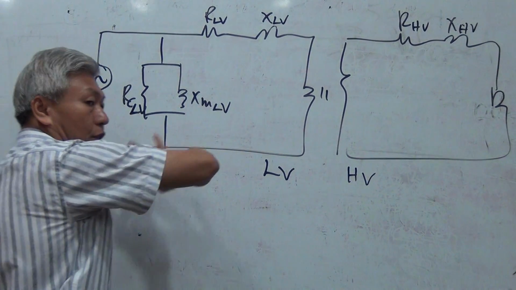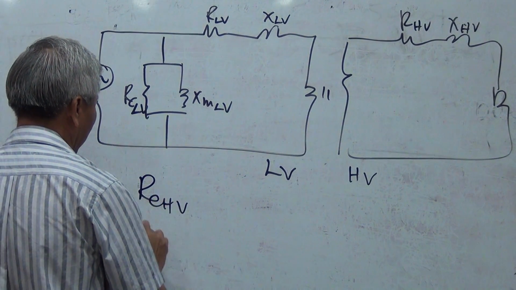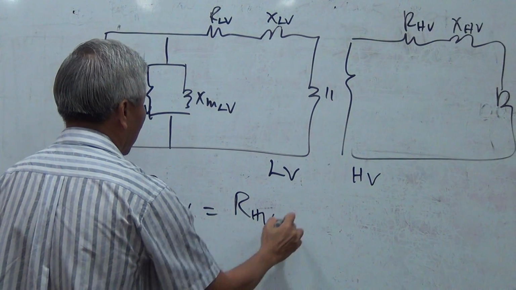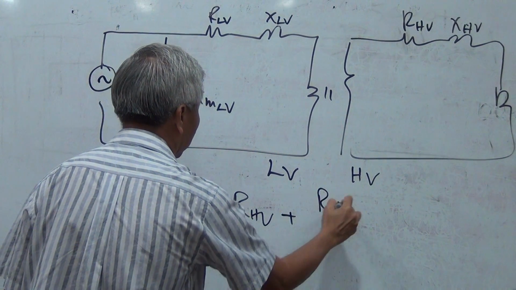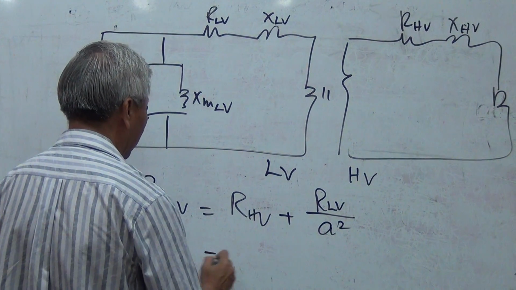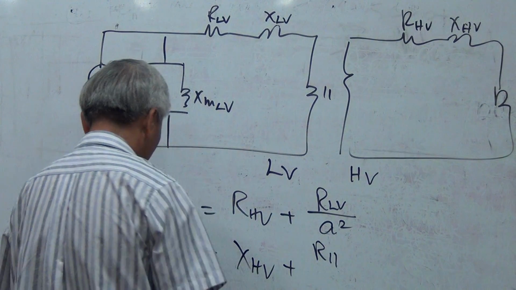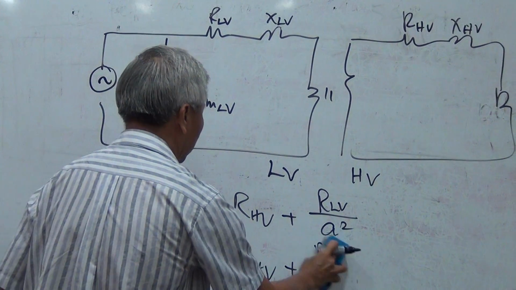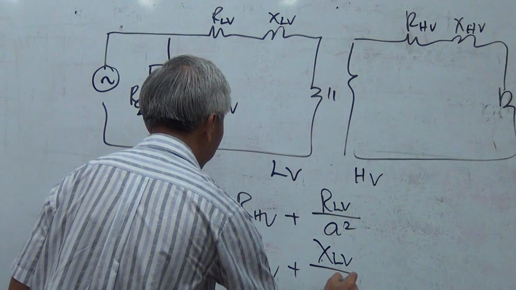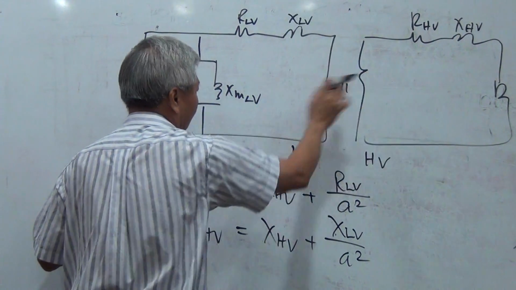Okay, let's try referring things to the secondary. So if I want things referred to the high voltage side, then I'll say REHV and XEHV. So that will be RHV plus RLV divided by A squared. Right? And here will be XHV plus XLV divided by A squared. Right? Now, I have put this over. How about these two?